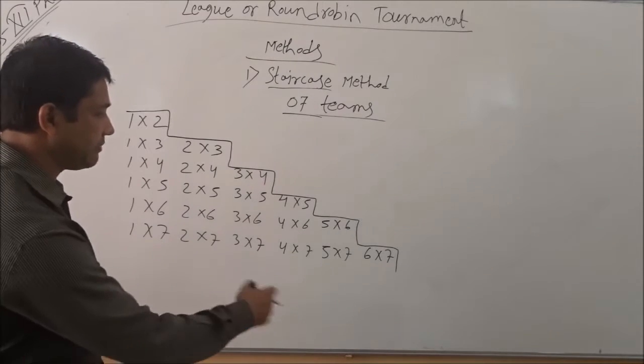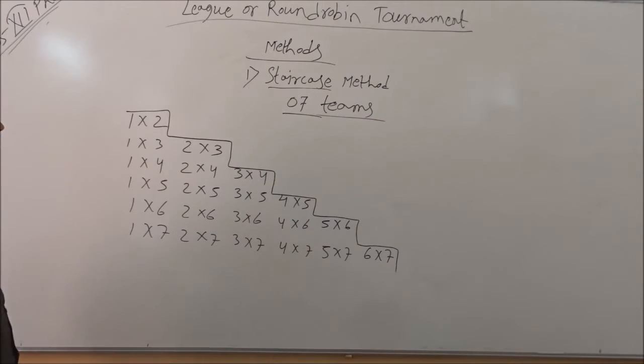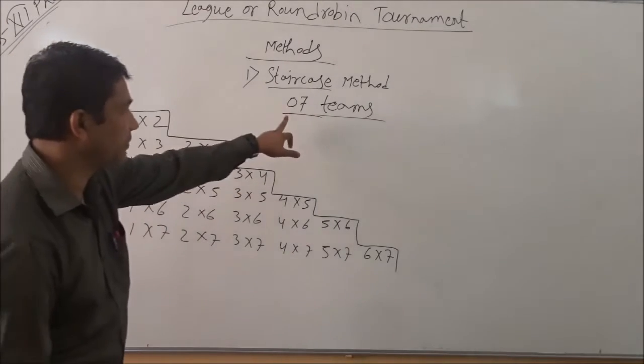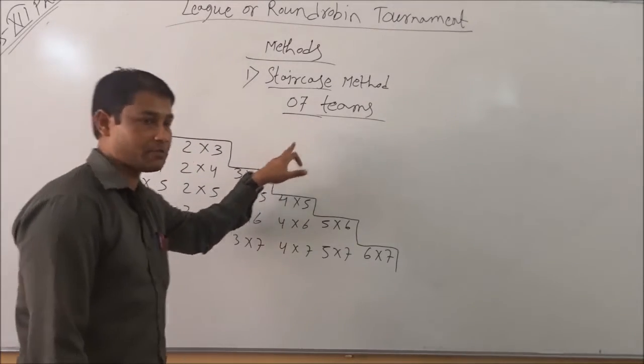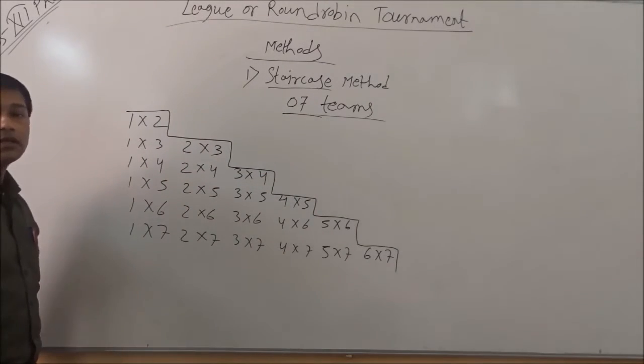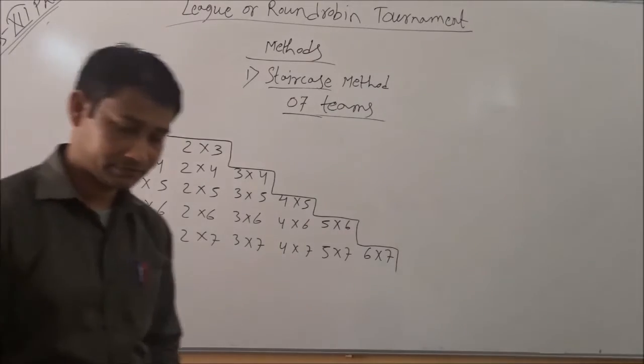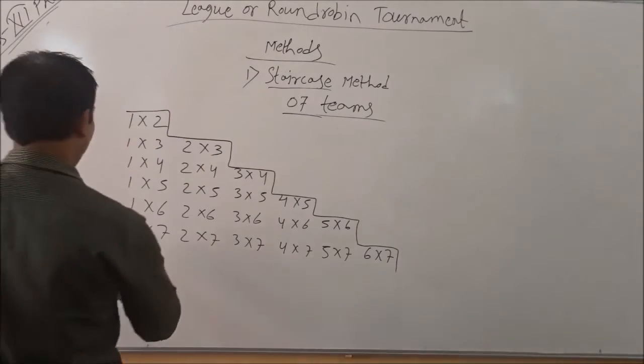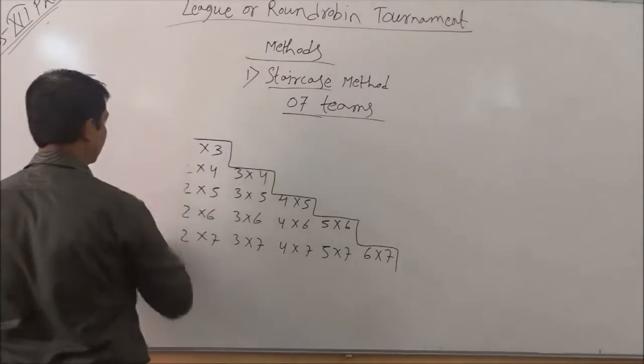Right hand side, teams will keep on changing. So this is an example of odd number of teams participating in a staircase method. So I hope you have understood staircase method.